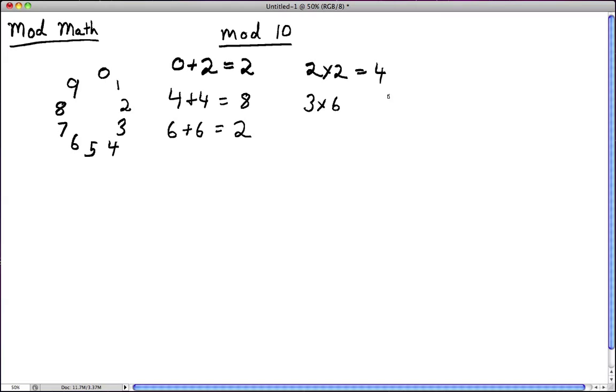So 3 times 6 is adding 6 to itself 3 times, or 3 to itself 6 times. And then we get 6, 6, 6, 8. So this is how multiplication works in mod 10.